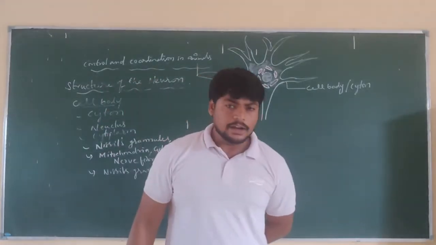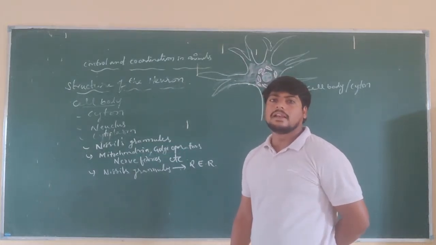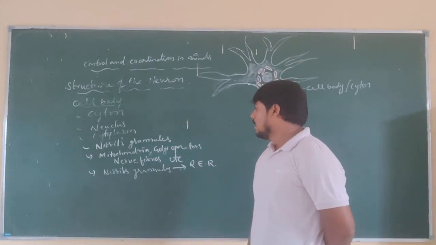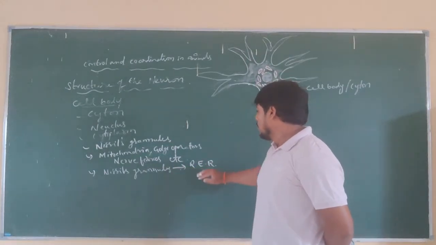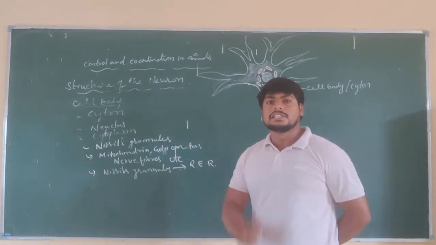As we already know, in the last class we learned about the cell, its components and its structure, and the functions we have discussed. So already we know that endoplasmic reticulums are of two types, one is rough and another one is smooth.